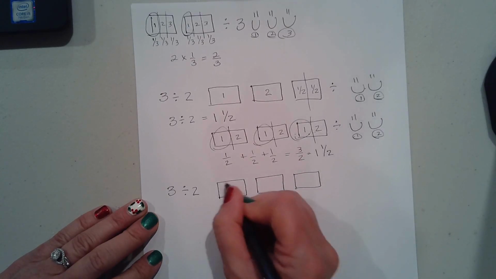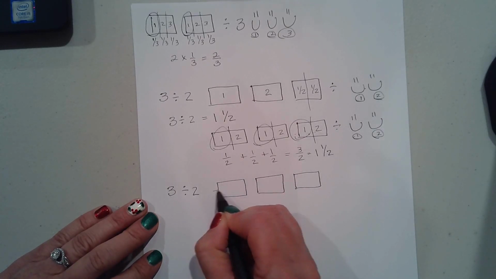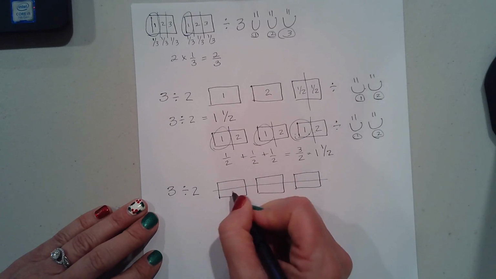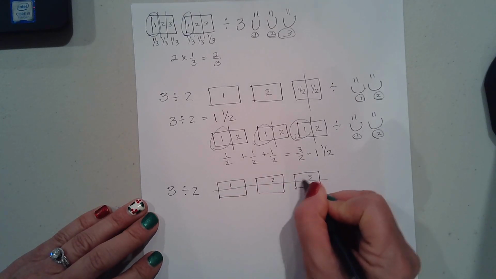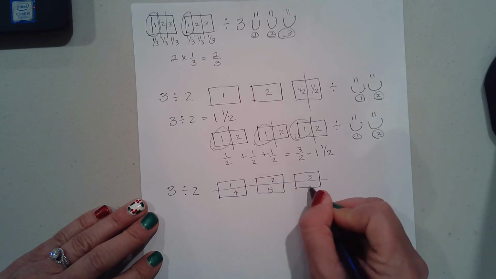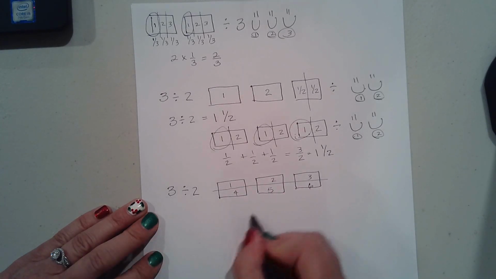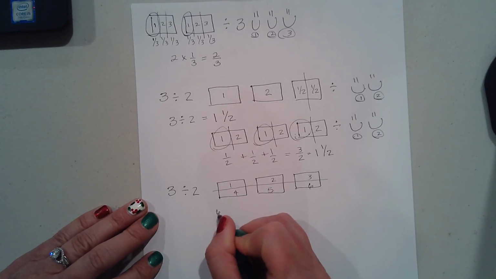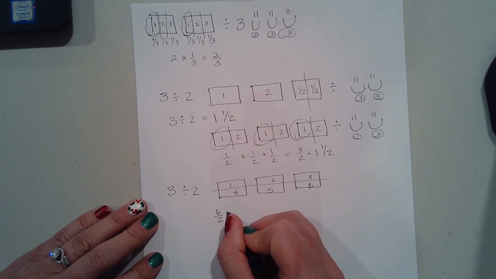So we have 3, right? And we could cut it across this way. And we have 1, 2, 3, 4, 5, 6, right? So all together, we have 6 halves, right?